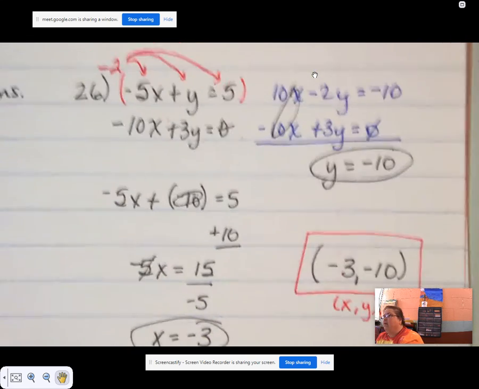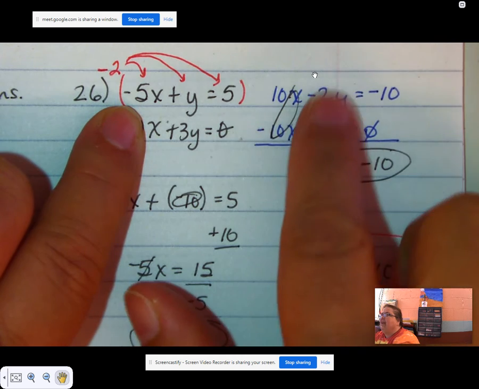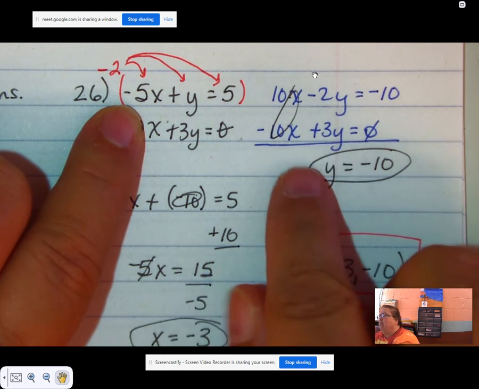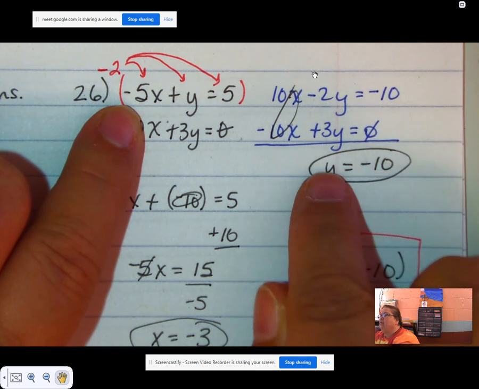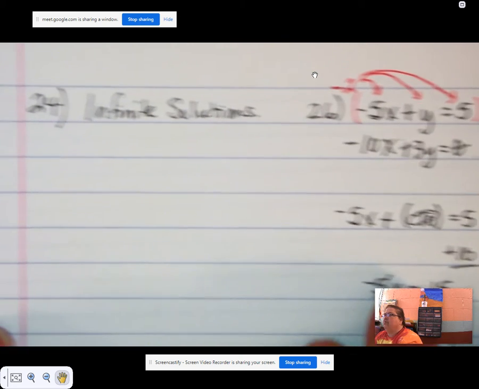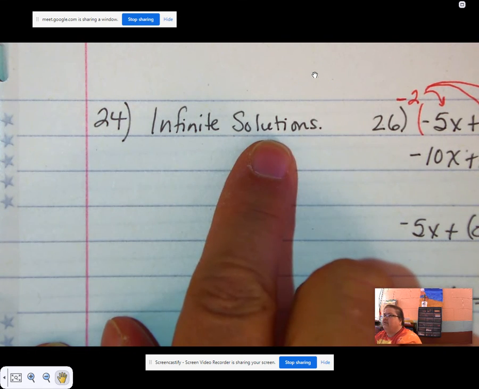When you multiply, and if both variables cancel, they're both eliminated at the same time, then you're looking at your answer here. Is it true or is it false? If you get 0 equals 0, which you should get here, you get infinite solutions.